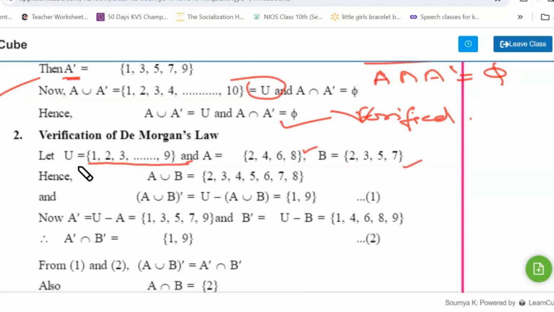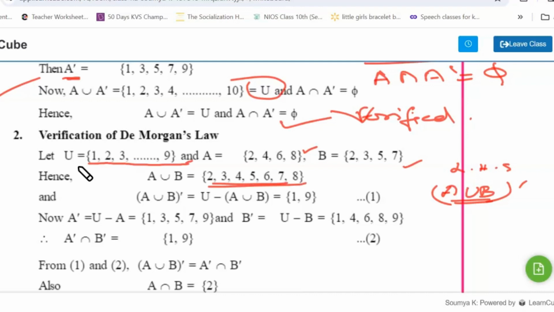So on the left hand side we are going to find A union B whole complement. So first we have to find A union B. A union B will give you everything from set A and set B, with repetitions recorded once. So 2 is there, then 3, 4, 5, 6, 7 and 8.